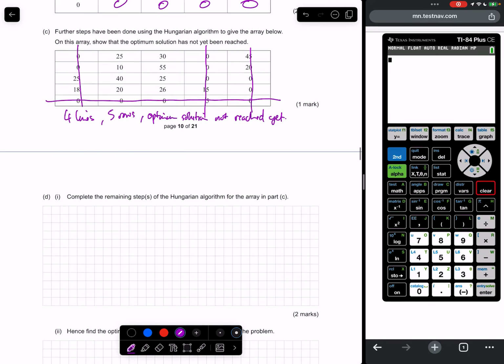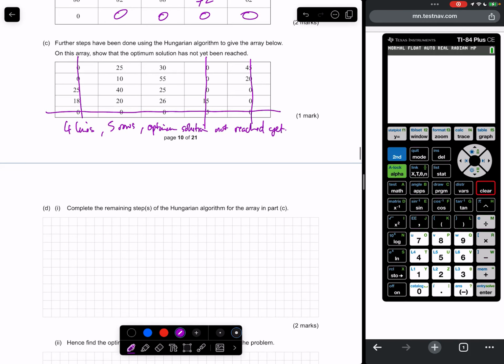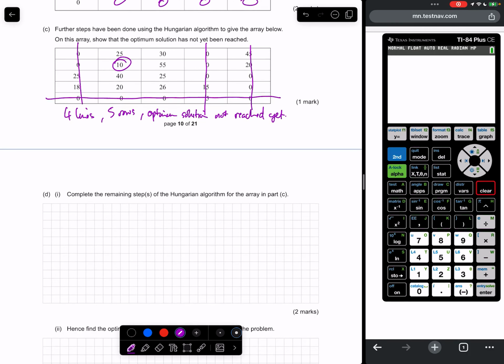Complete the remaining steps of the Hungarian algorithm for the array in part C. So smallest uncovered number is 10. So we leave single covered 0, 0, 25, 18.